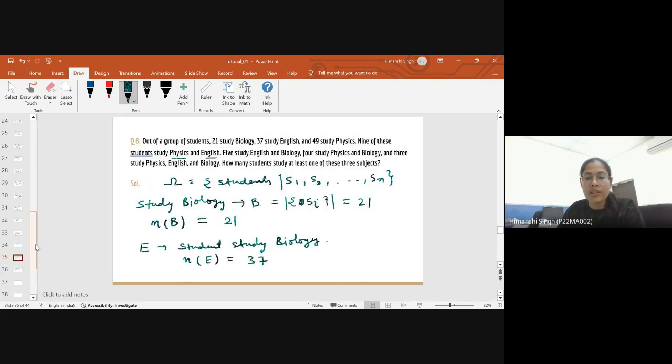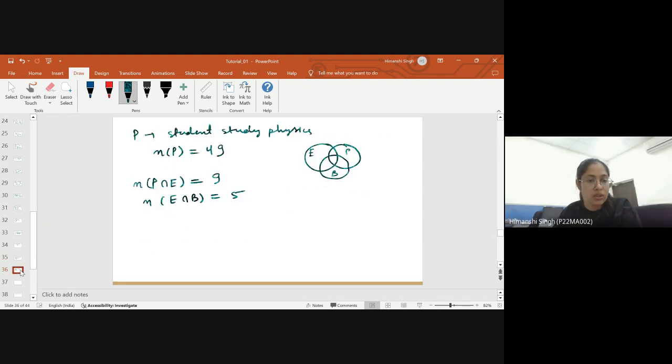So basically, all the numbers are greater than 1. So we can conclude directly that these are not probabilities. Basically, we are talking about the number of elements in the event, not about the probability of the event. So just make that clear. So five study English and biology, four study physics and biology, so the number of elements in physics intersection biology is 4.